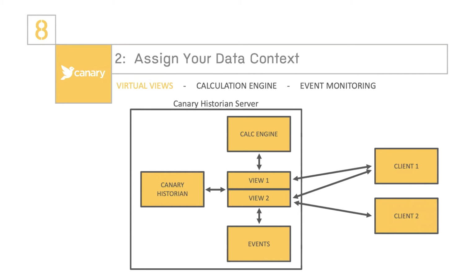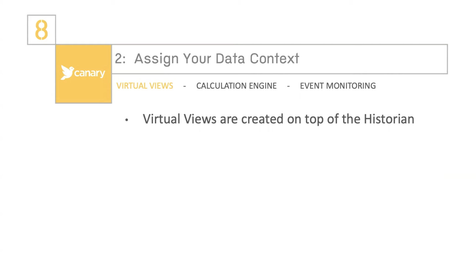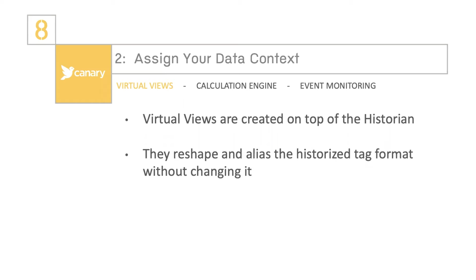You can even restrict clients to only see certain views depending on the type of data they want to collect. So that's the beauty of it. We can create as many of these virtual views as we want. And very important, they do not shape or alias or rename any of the tags or the data that's already stored inside of the historian.